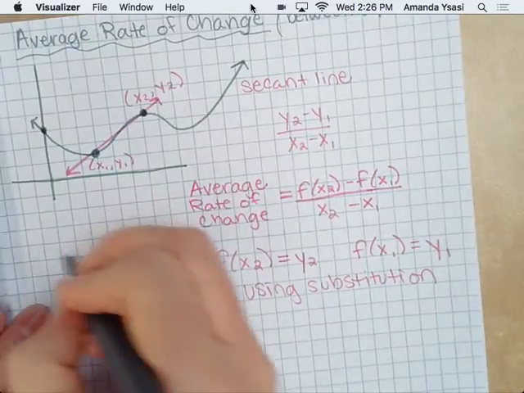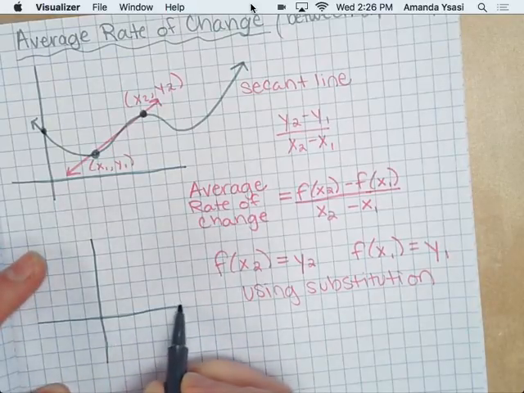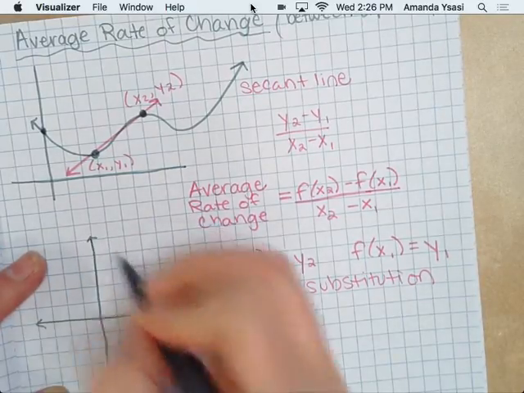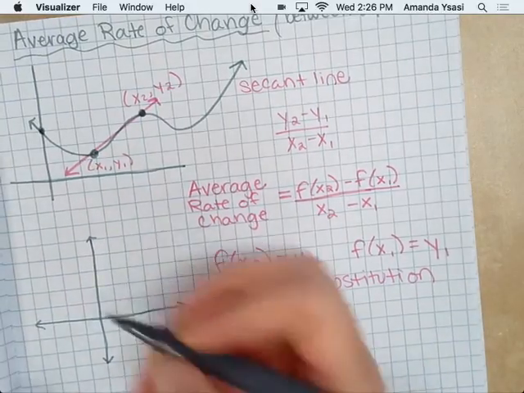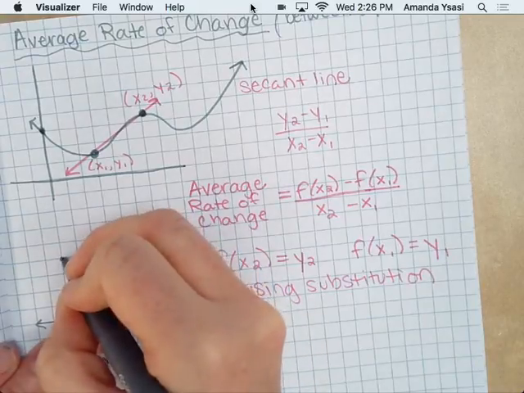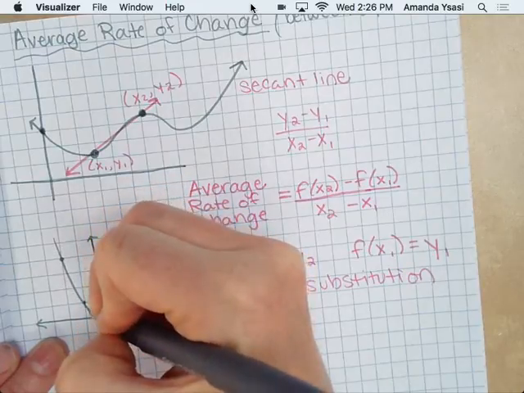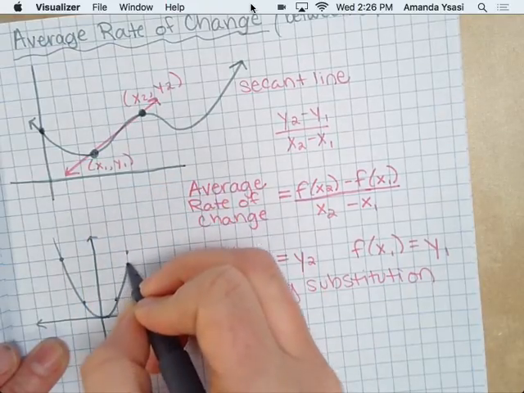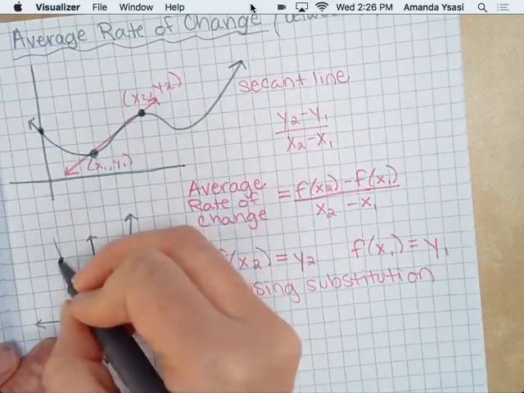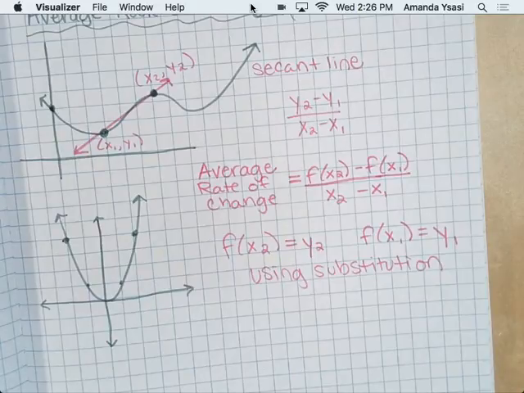So I'll draw another example. Let's do a quadratic. And we can pick any 2 points and find the average rate of change.